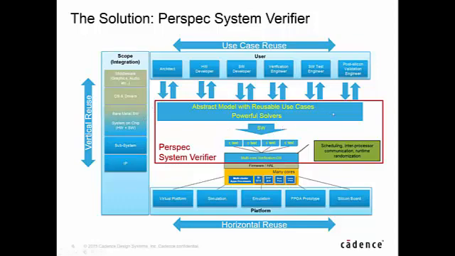And part of one of the key capabilities of the Perspec System Verifier is the ability to take this abstract model that you capture in that reusable form and exercise it via a set of powerful solvers that allows us to come up with different solutions to an abstract set of goals that you want to accomplish in your tests, and then be able to generate C tests for those.